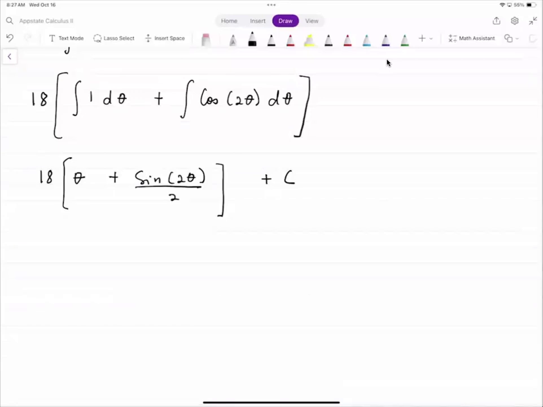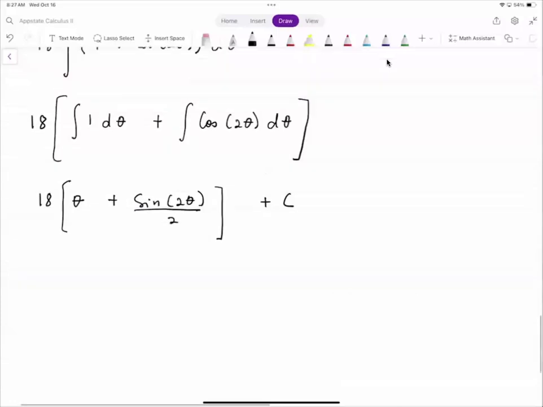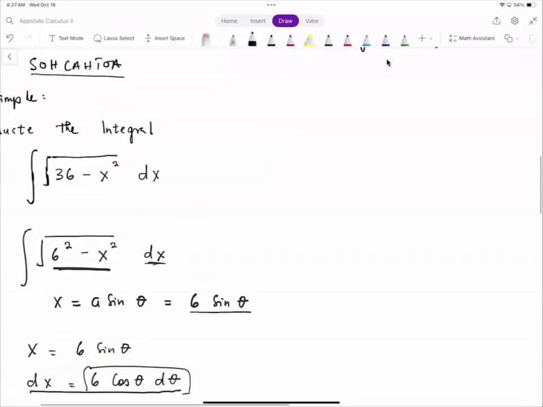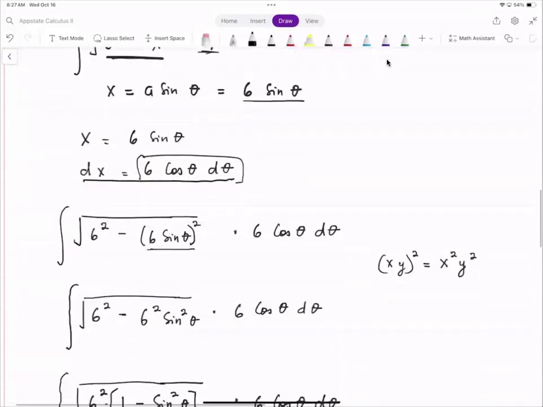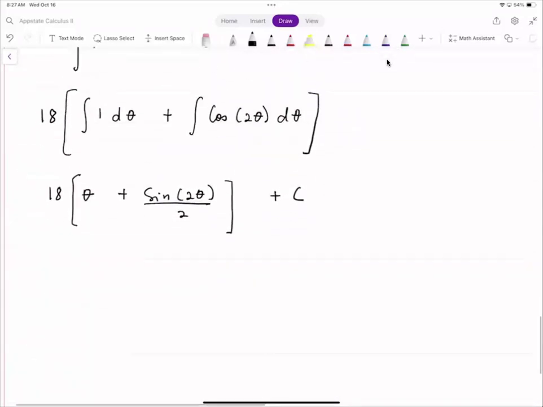Now the question is that, are we done? We are not done, but we are close. Now this is the integral, but remember our question was given to us in terms of x. You see, in terms of x and not in terms of theta. And so since we have theta here, we have to be able to now substitute everything back to x.